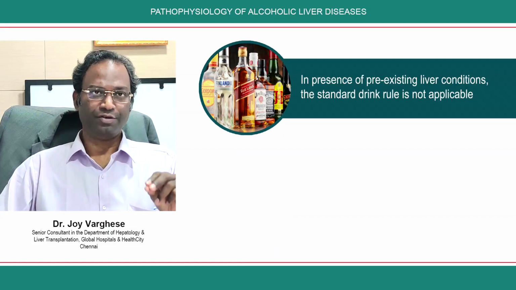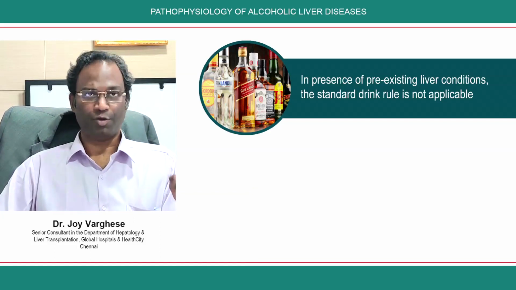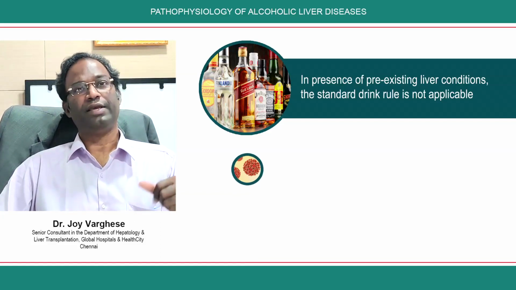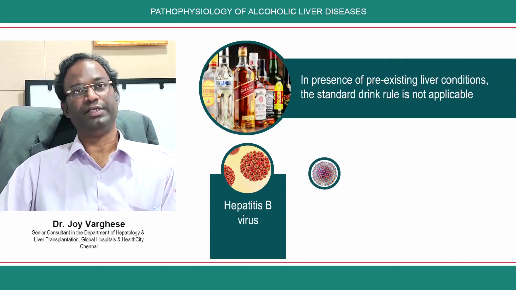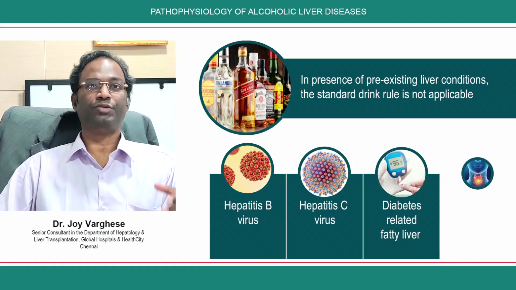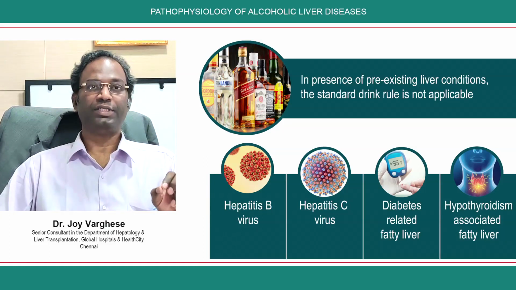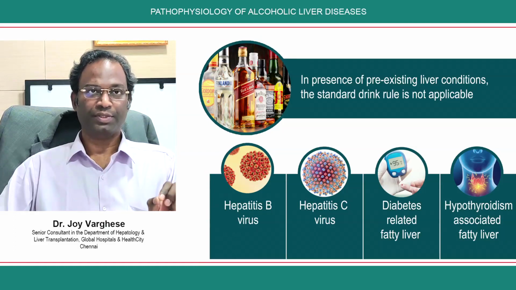Having said that, we have to know whether the person, male or female, already has some other liver-related problem, for example hepatitis B virus or hepatitis C virus, diabetes-related fatty liver or hypothyroidism-related fatty liver. In that case the rule of the standard drink is not applicable, because even if a female consumes less than 1 standard drink of alcohol, she will get liver problems.